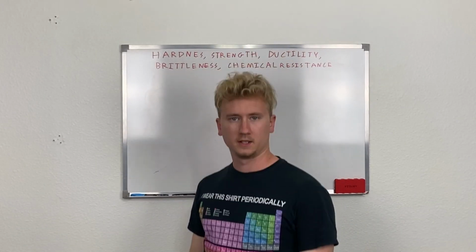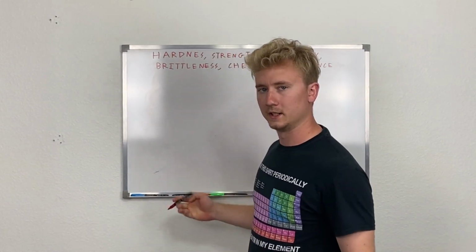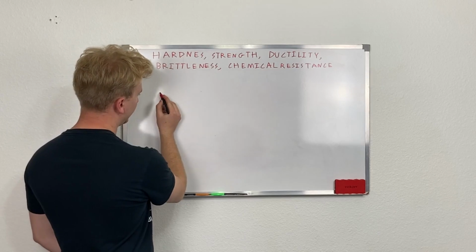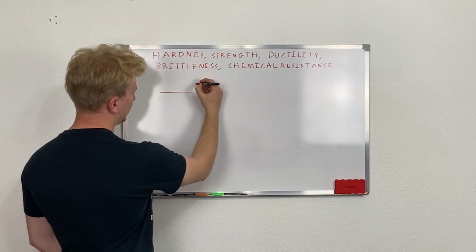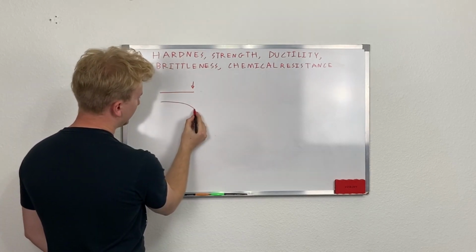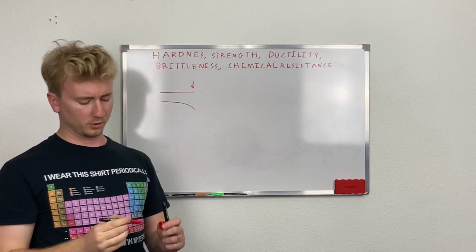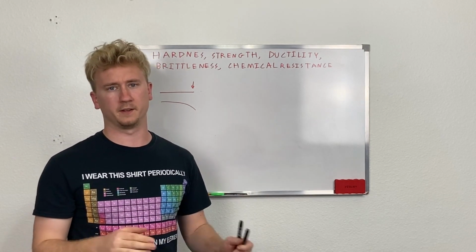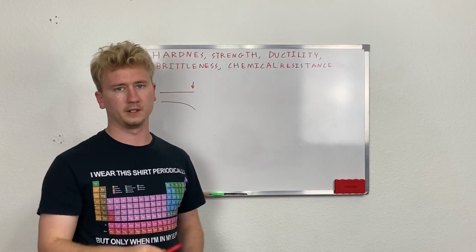Hardness, strength, ductility, brittleness, and chemical resistance. Hardness is a material's ability to resist plastic deformation. When strain is applied to a bar, the bar bends by an amount that is corresponding to the force essentially divided by the strength of the material. I'll get into strength later.